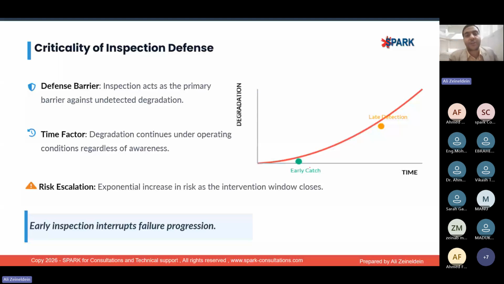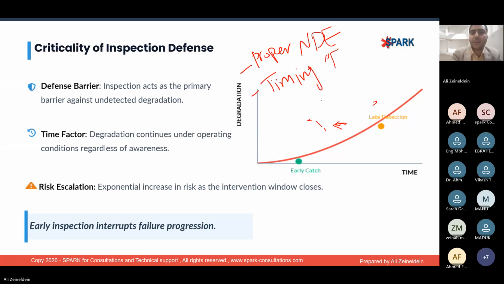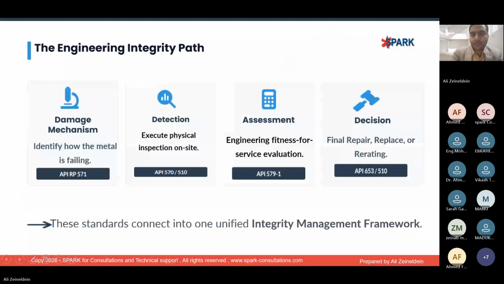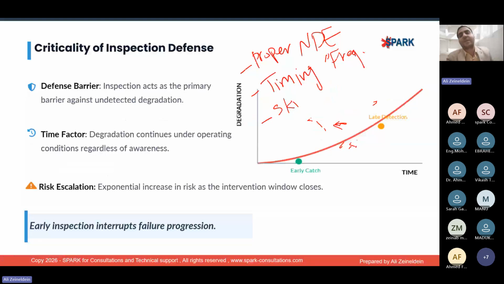If the inspection was an effective inspection, it means that this inspection selects a proper NDE, a proper timing, inspection timing or frequency, and skills. These are the three parameters of inspection effectiveness.